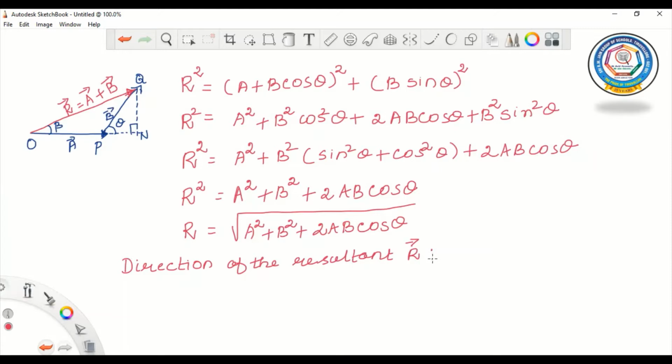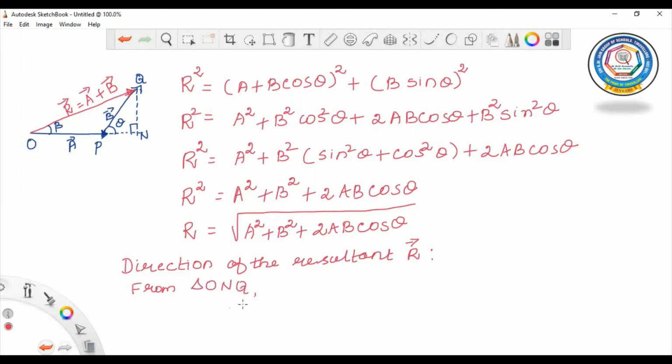So here, in order to find the resultant, this will be our resultant. This resultant R makes an angle beta with the direction of A. Then again from the right angle triangle ONQ, now let us consider the triangle ONQ.